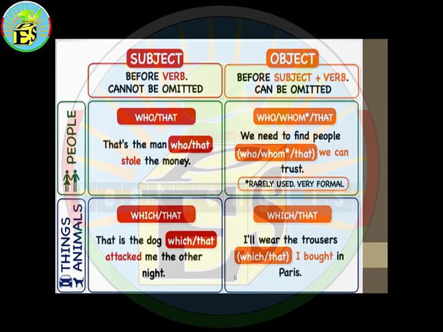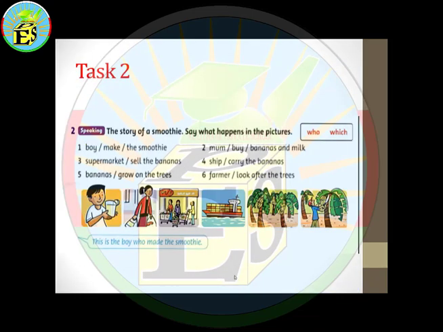Right now we will move to task number 2. In this task, we will talk about the story of a smoothie and we will say what happens in the pictures. So here we have 6 pictures. You can count them with me. This is the first one with the boy. 2, 3, 4, 5, and 6.